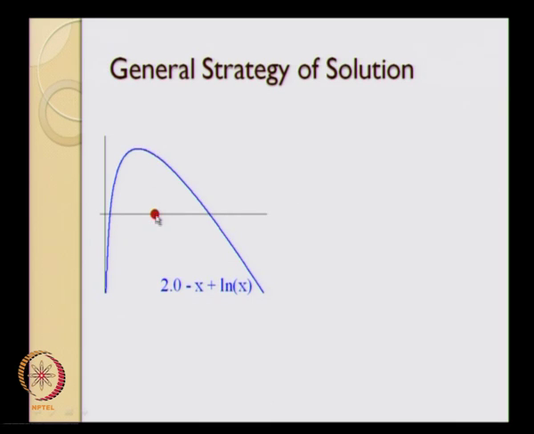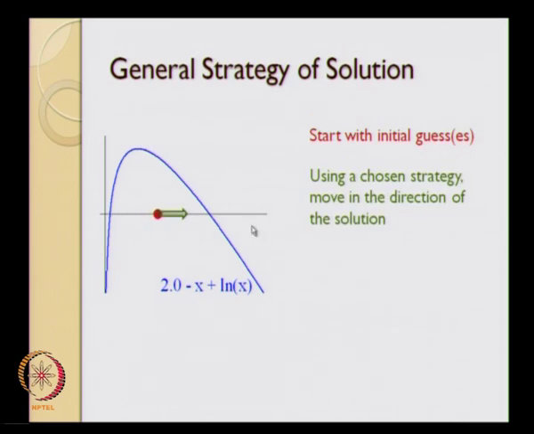Once we have an initial guess, we might have one initial guess or we might start with 2 initial guesses. The first step is to start with 1 or 2 initial guesses and then use a particular strategy to move that initial guess in the direction of the solution.